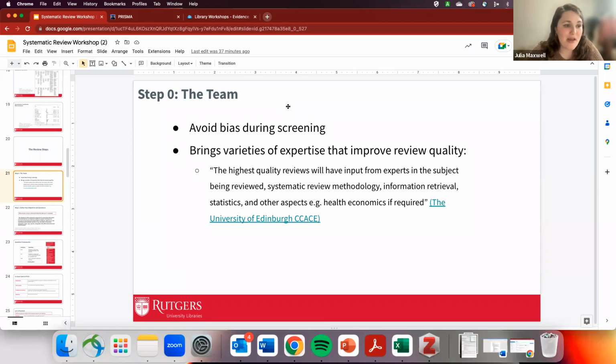I don't know if I've ever met anyone that really has all three of those skill sets to the degree that they would feel confident doing a systematic review by themselves. So, it's really beneficial to everyone to bring a group together that's got a variety of skills, sort of like the Ocean's movies. You're all working together towards a common goal, and you all have your very specific skill sets.